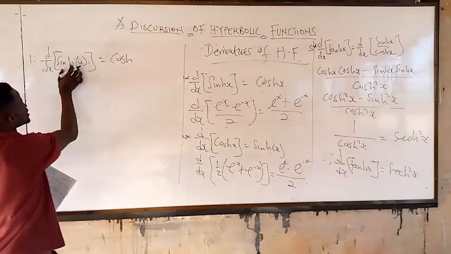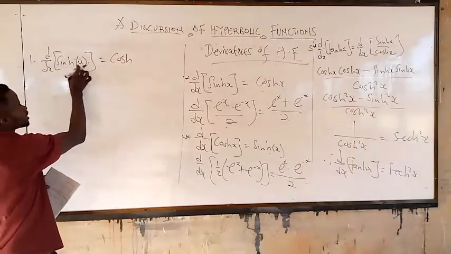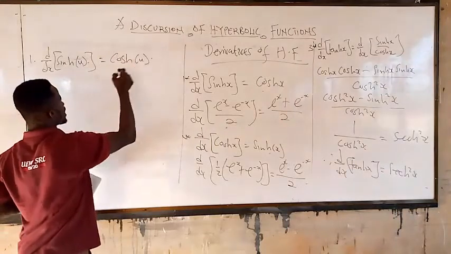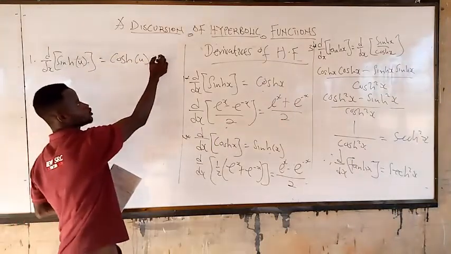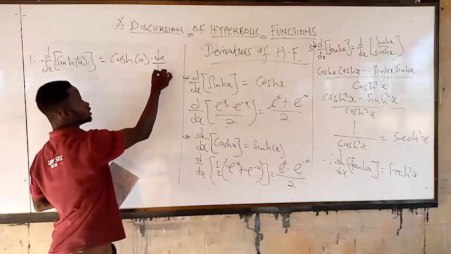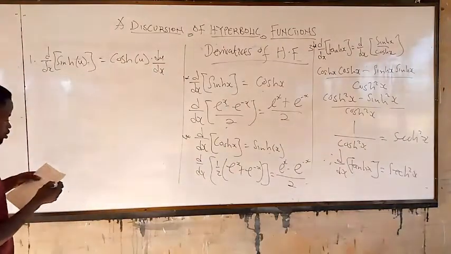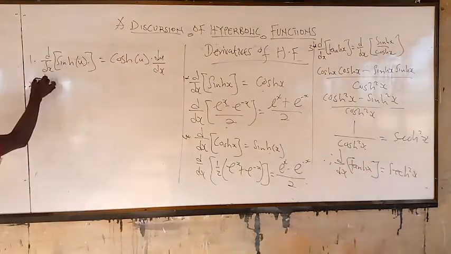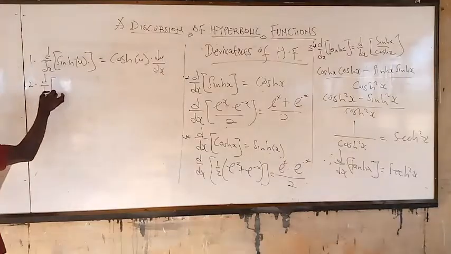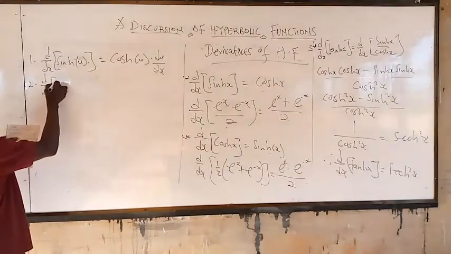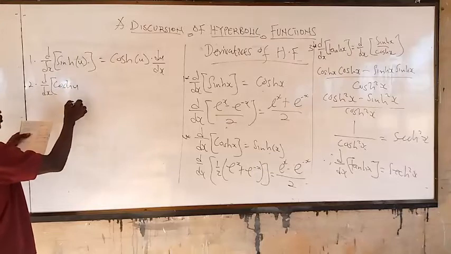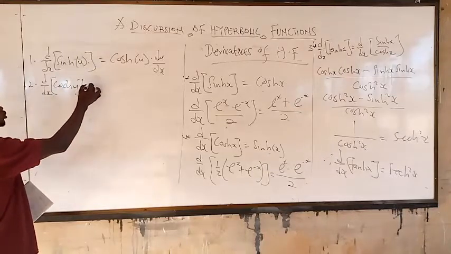So you differentiate the whole of this, which is cosh u. But since it's an implicit, then you get what? du ds. 2. Here you get cosh u. The derivative of cosh u to be equal to.